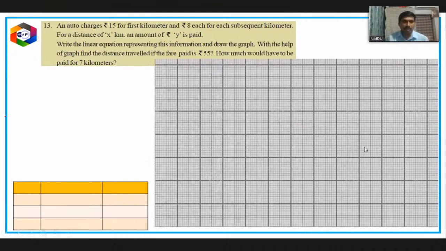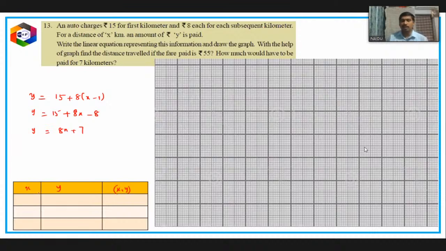Just I'm going to write the equation quickly. So the equation is y equals 15 plus 8 into x minus 1, so y equals 15 plus 8x minus 8. So y equals 8x plus 7. So this is x we have taken, this is y, and this is x comma y.